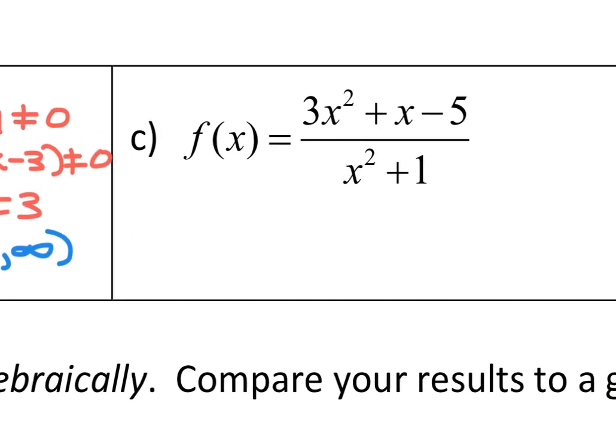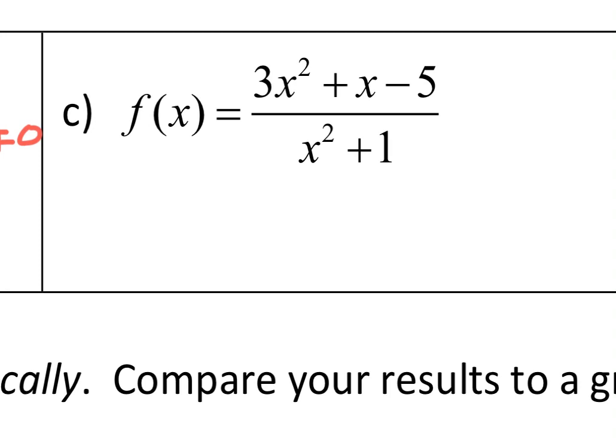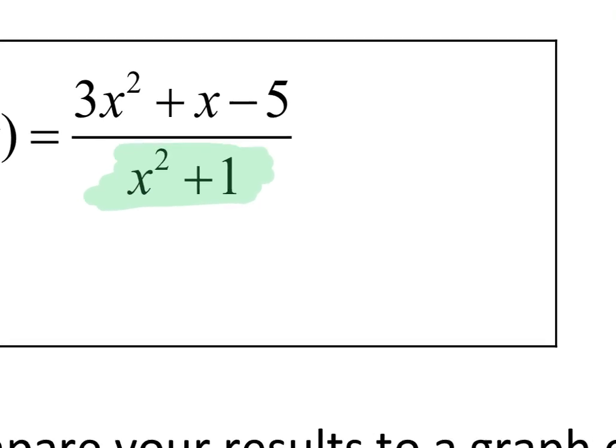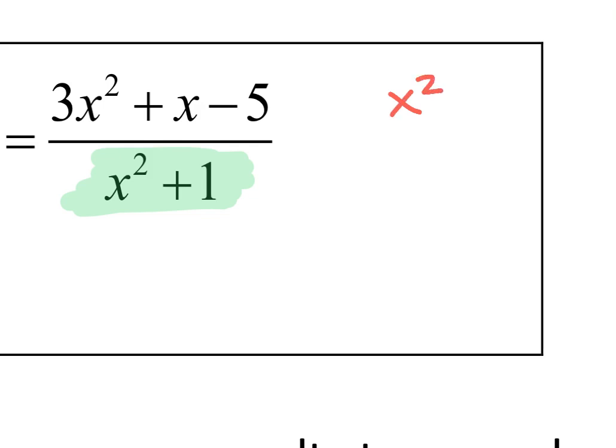And then letter C is unique, and if I have a chance, I'll add a video with a section to this video with Desmos. But I would want to see what number would make x squared plus 1 equal to 0. And what you'll see is that x squared cannot equal -1. Well, if you solve that, that's imaginary.